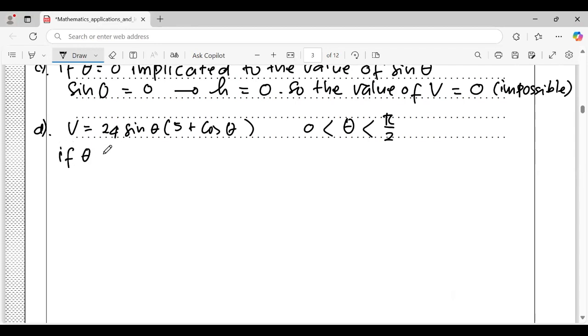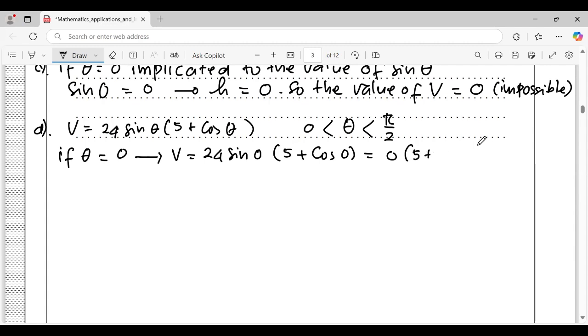If theta equals 0, phi equals 24 sine 0 times 5 plus cosine 0, and it is 0 times 5 plus cosine 0, it is 0. Okay. And the coordinate point is 0, 0.